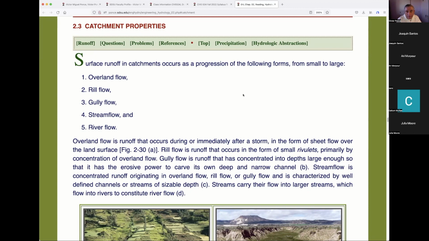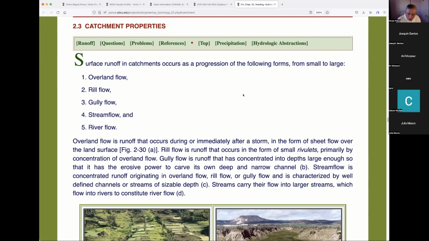The issue at the time, or my issue, was that the word catchment is not so much used in the US. It is used, but not as much as in England. We use here the words watershed and basin, but there is no clear delineation of what a watershed is. Typically, a watershed is a small basin, and a basin is a large watershed. But what about something in the middle?